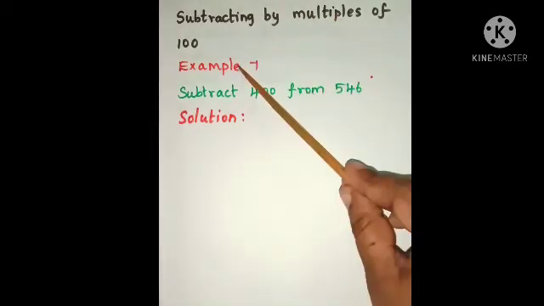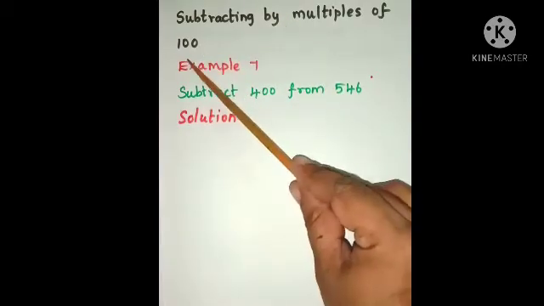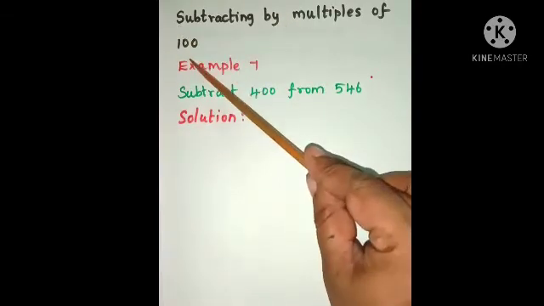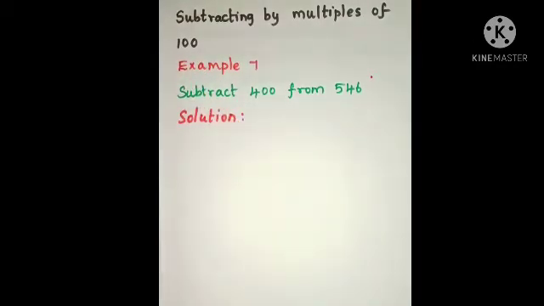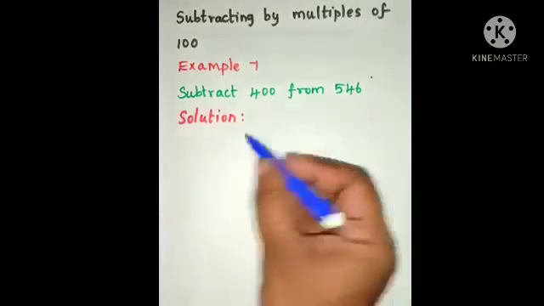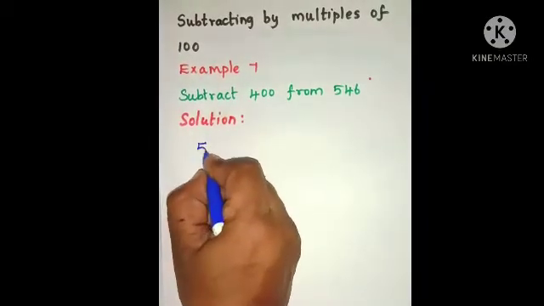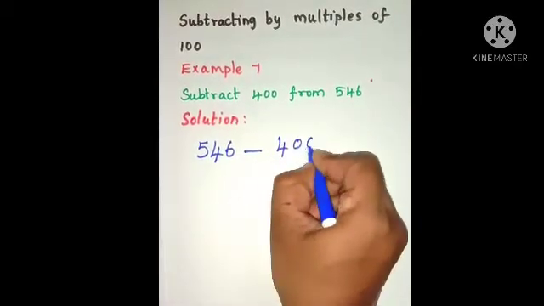Now, subtracting by multiples of 100. Multiples of 100 means that there is no change in ones place and tens place, and there will be a change in hundreds place. So, we can write subtract 400 from 546 as 546 minus 400.